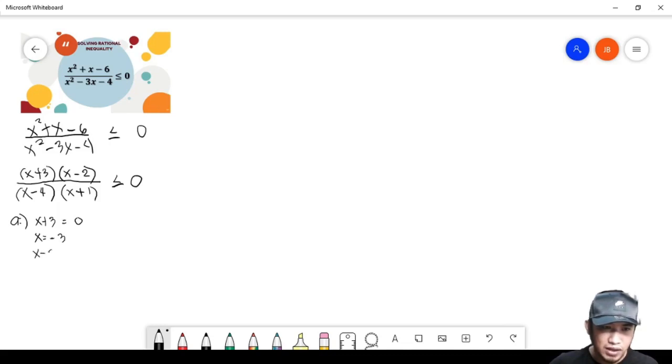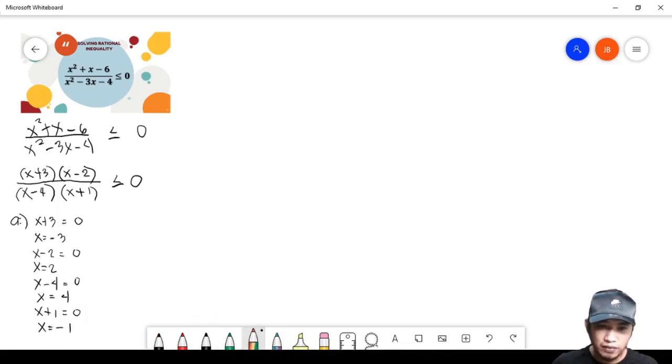X minus 2 is equal to 0. Kunin natin yung value ni x, that is x is equal to 2. Next. X minus 4 is equal to 0. Kunin natin yung value ni x, that is x is equal to 4. And then the last is x plus 1. Kunin natin yung value ni x, that is x is equal to negative 1.